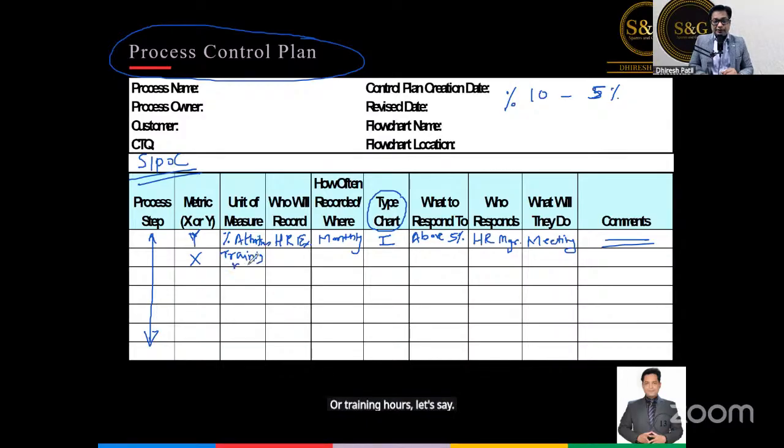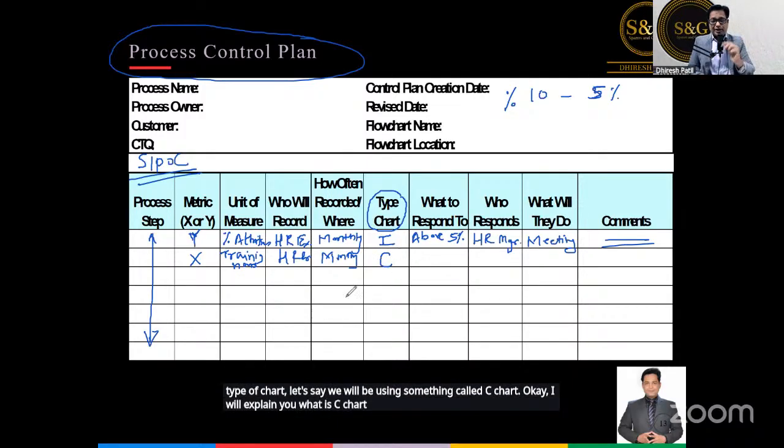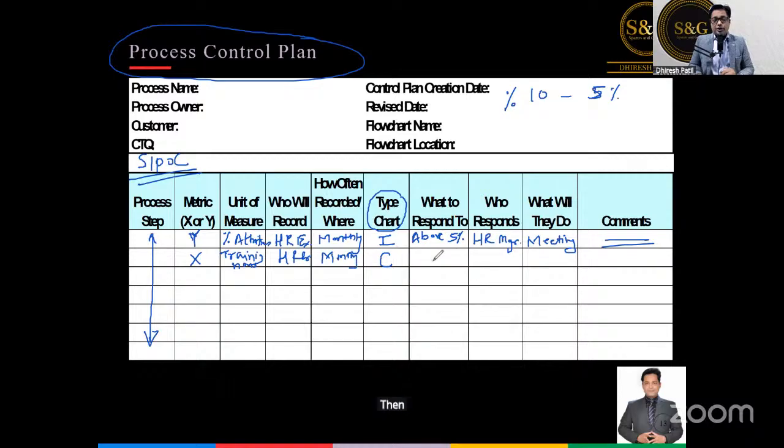Let's say training hours. Who will record? Let's say the HR executive will record the training hours every employee is going through. How often? Let's say monthly. I'm just giving you an example. Type of chart, let's say we will be using something called C chart. I will explain what is C chart, U chart, P chart, etc. Then what to respond. Let's say training hour.